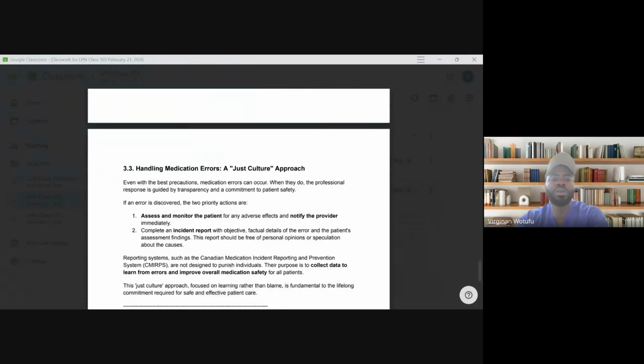So looking at medication errors, in case of a medication error, what is the priority action? First, you stop, right? You assess the patient for adverse effects, right? Then you notify the provider immediately, correct?